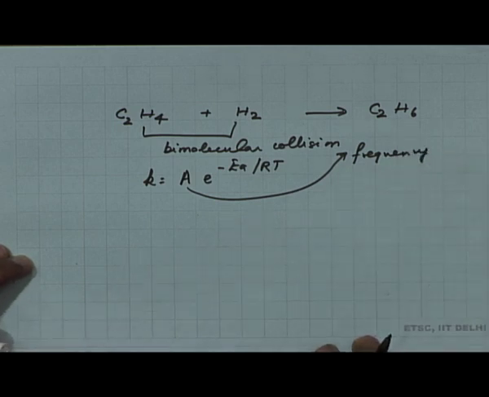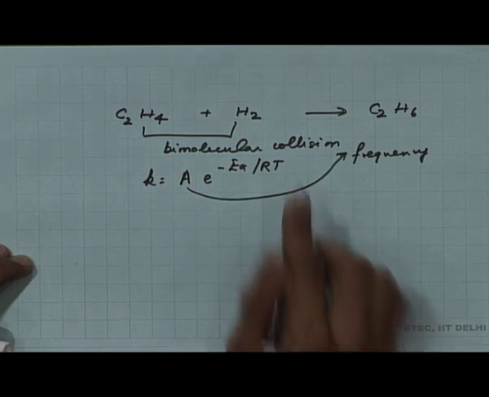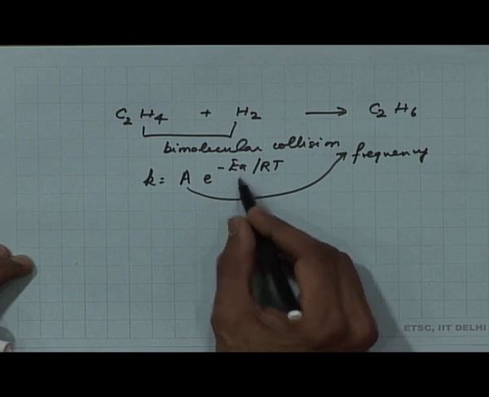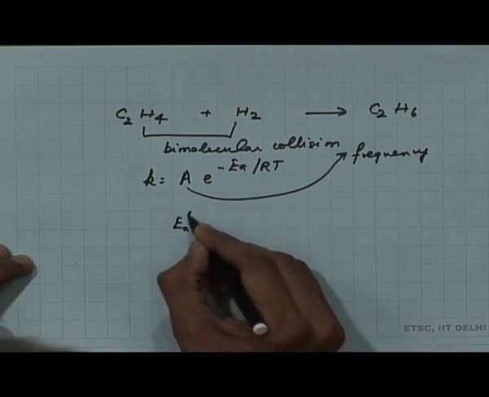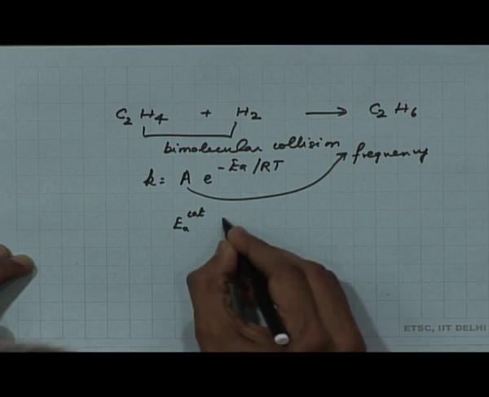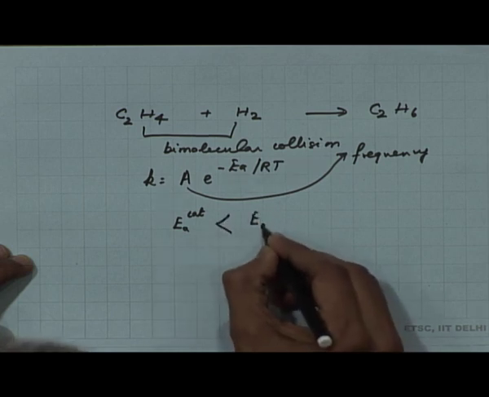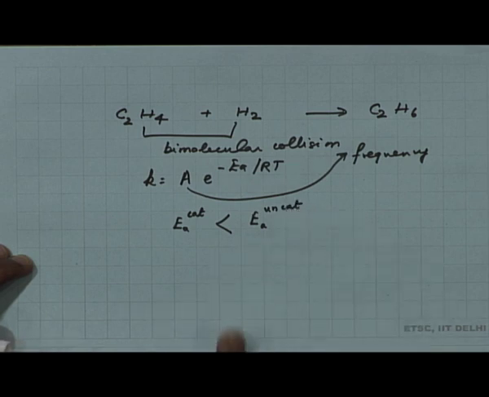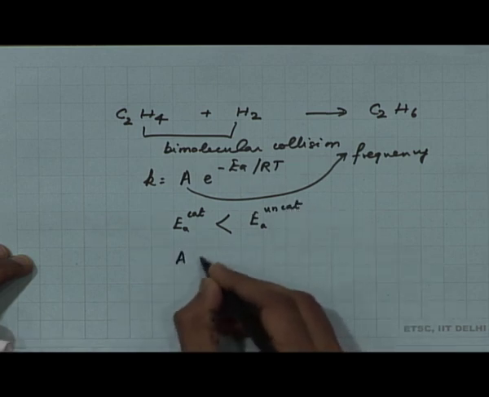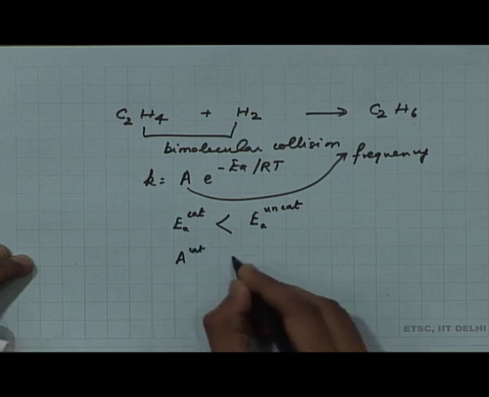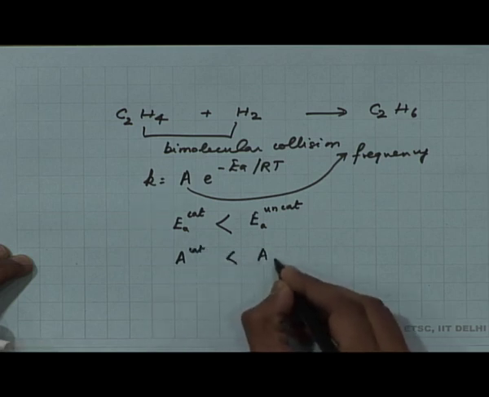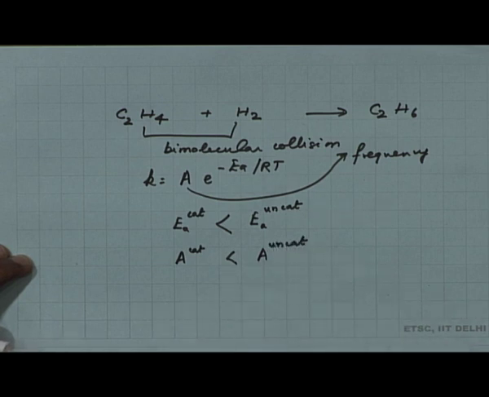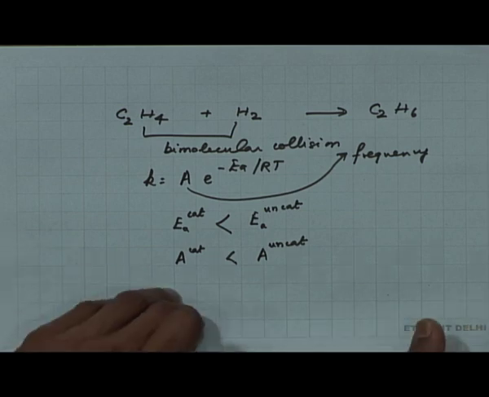So, if the catalyzed reaction has to go faster, then we know that EA is smaller. So, EA catalyzed is smaller than EA uncatalyzed, but A of the catalyzed reaction is usually less than the A of the uncatalyzed reaction. What is the reason for this? Let us try and understand this quickly.